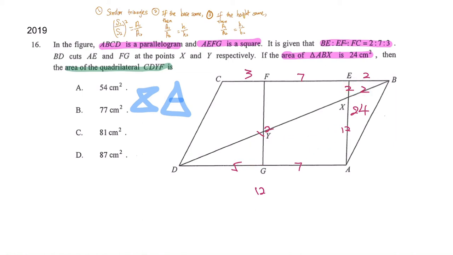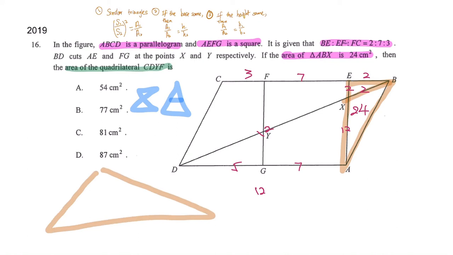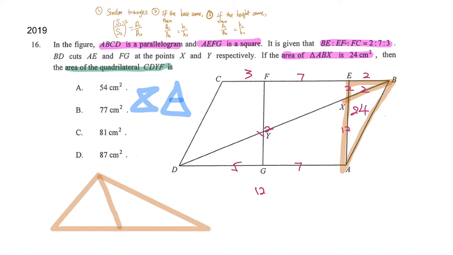So what's the usage of that? Maybe we can find some of this one, same base different height, or same height different base. Where do we find that? Hopefully you can see it here. We are still doing this side because we need to use this 24 somehow. Let's draw it in a nicer way. Remember this side is 24, this side we don't know, this line is 2, this side is 12.